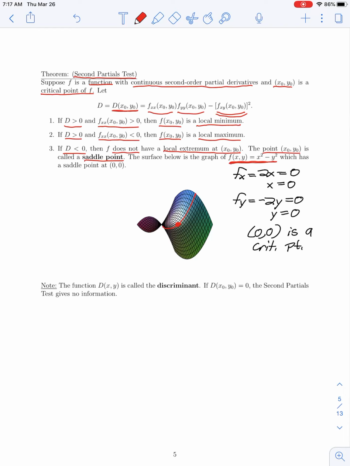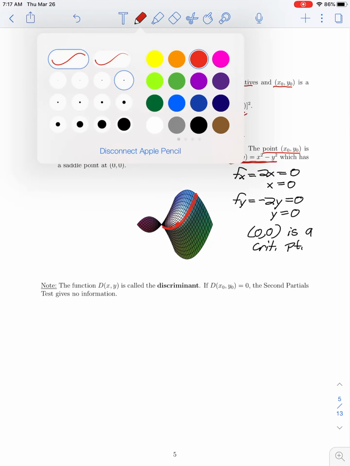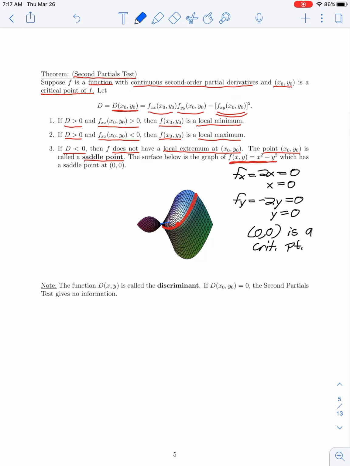And if we look at the traces of this surface by slicing it with vertical planes in the x direction, we have a parabola which is opening upward. Looking at traces of our surface in this direction, that point 0, 0, 0 appears to be the smallest value that our function takes on that curve. It's the vertex of our parabola, which is opening upward.